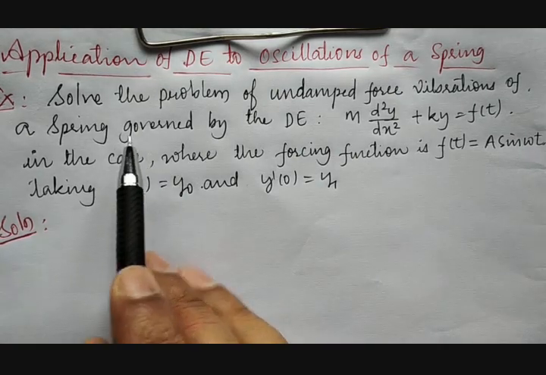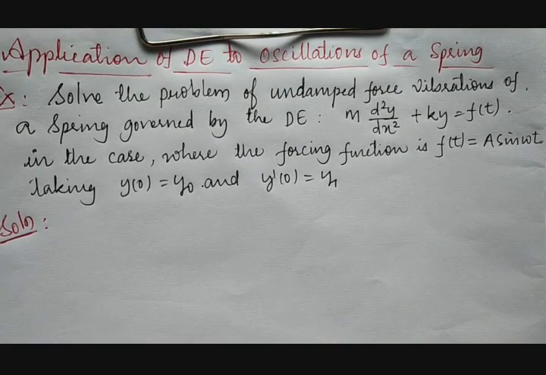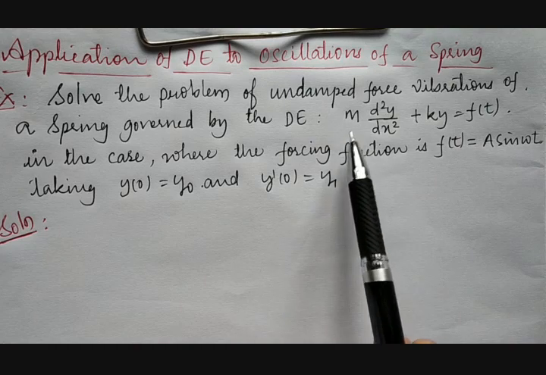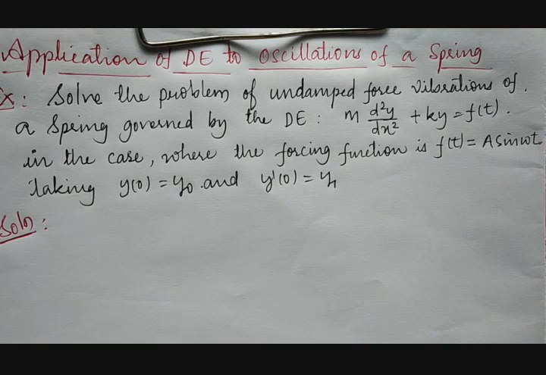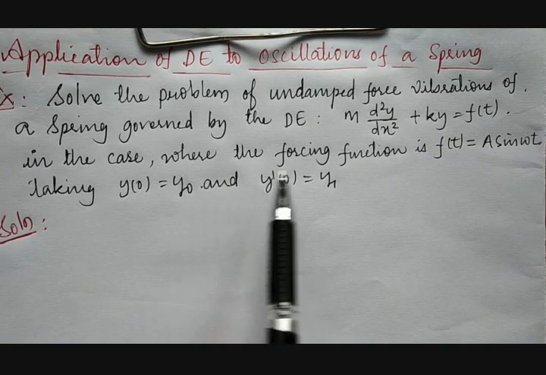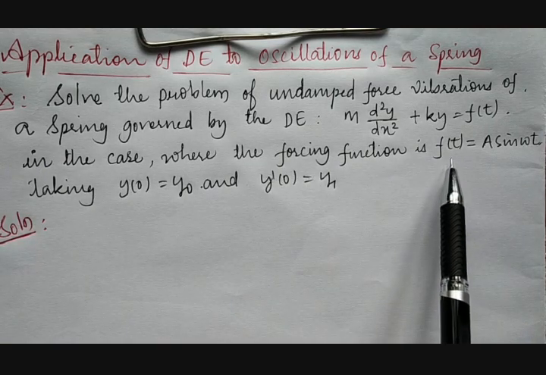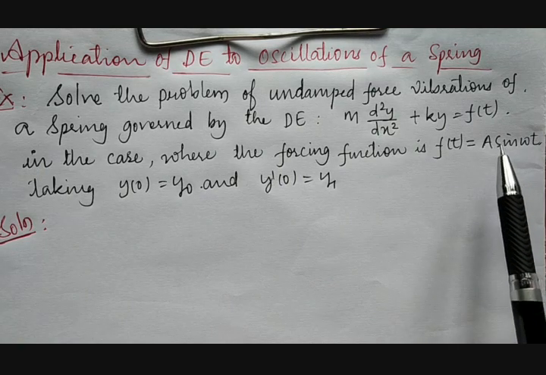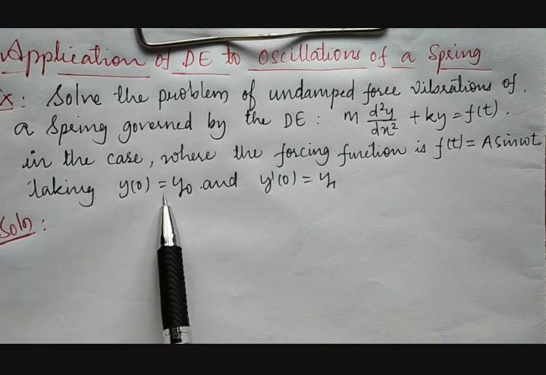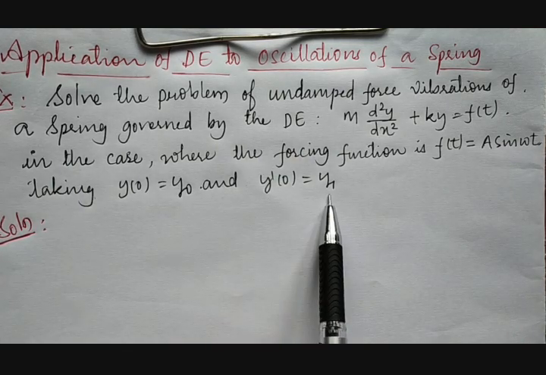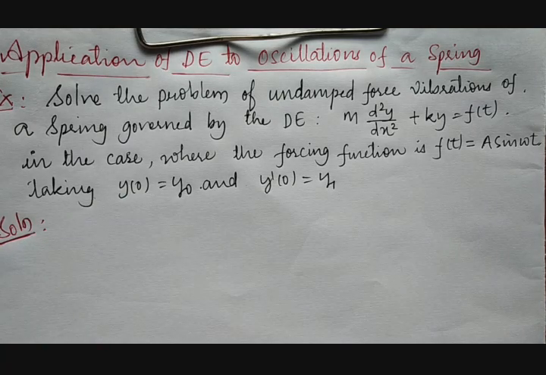The example says: solve the problem of undamped forced vibration of a spring governed by the differential equation m d²y/dx² + ky = f(t), in the case where the forcing function is f(t) = a sin ωt, taking y(0) = y0 and y'(0) = y1 as the initial conditions. First try to understand this example.